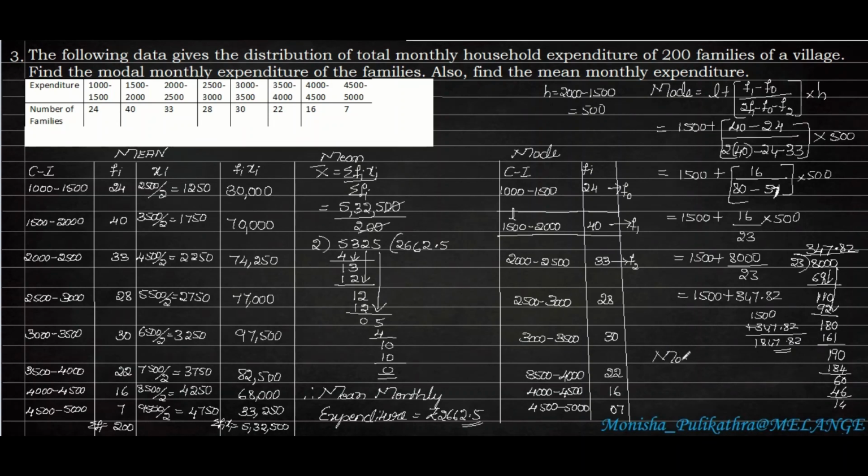So the modal monthly expenditure is rupees 1847.82, whereas the mean monthly expenditure is 2662.5. I hope you understood this.